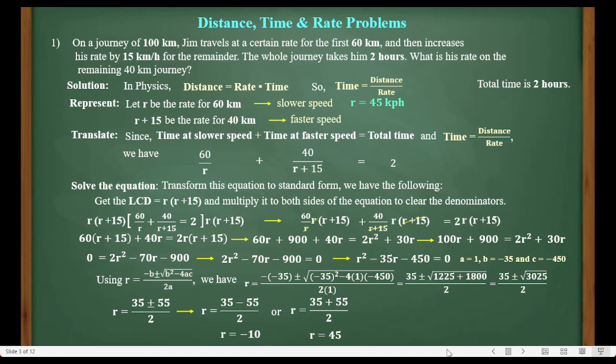So therefore, the slower speed of Jim is 45 kilometers per hour during the 60 kilometer trip, and his faster speed is 60 kilometers per hour, which is taken from the expression r plus 15 by plugging in the value of r, which is 45.